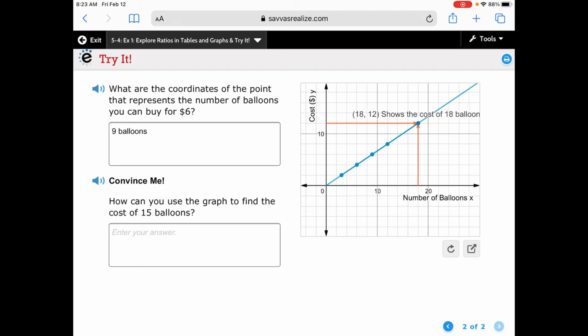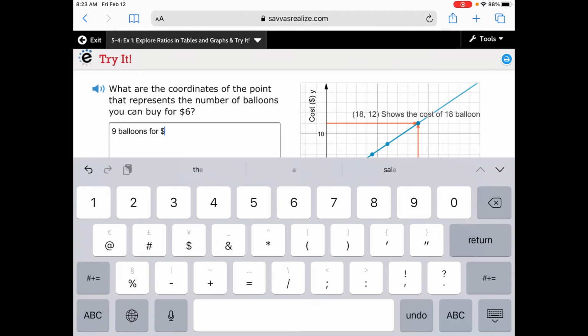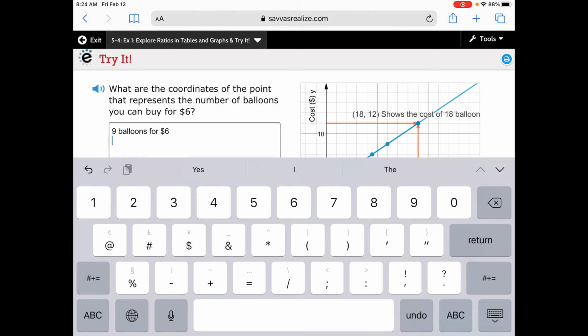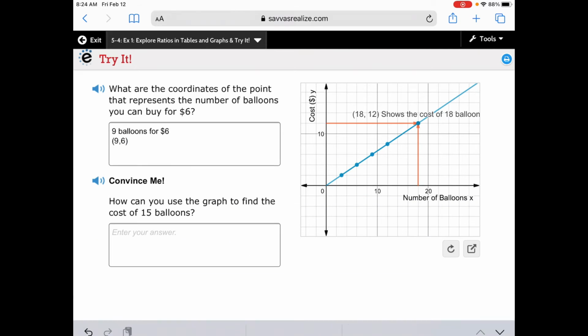Okay, so we put that in. So we have 9 balloons for $6. We're not going to worry about the next part. All right, so our coordinates are 9, 6, because we go over 9, up 6. How can you use the graph to find the cost of 15 balloons?